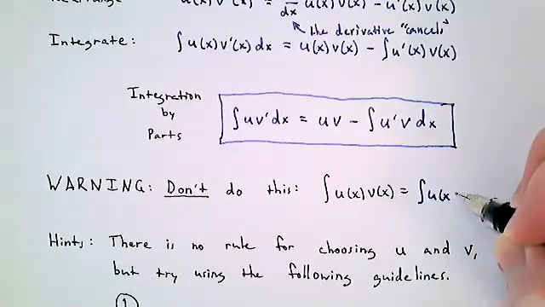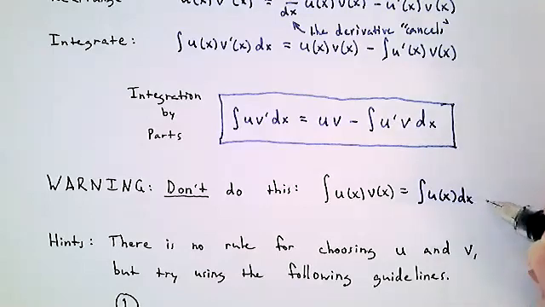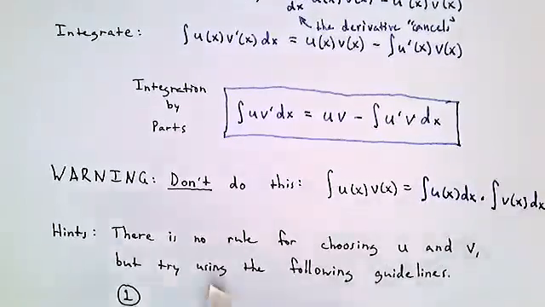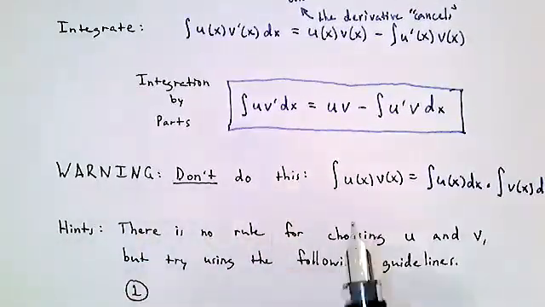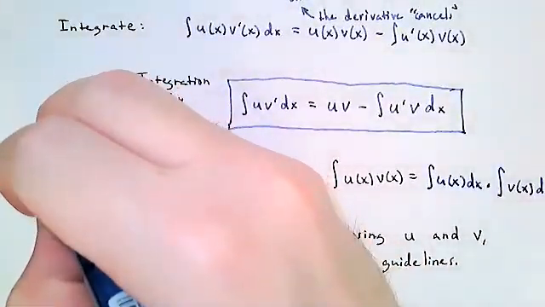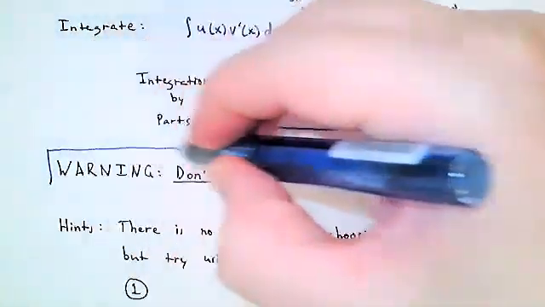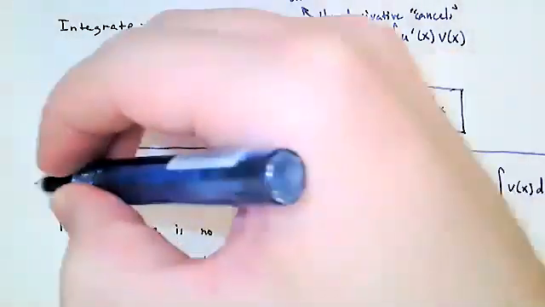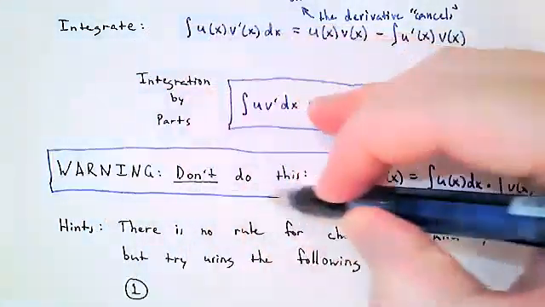Just split it up into two separate integrals and just multiply the two integrals together. But don't do this. Don't ever do this. This is bad. And it will end in sadness when you miss a question on an exam.